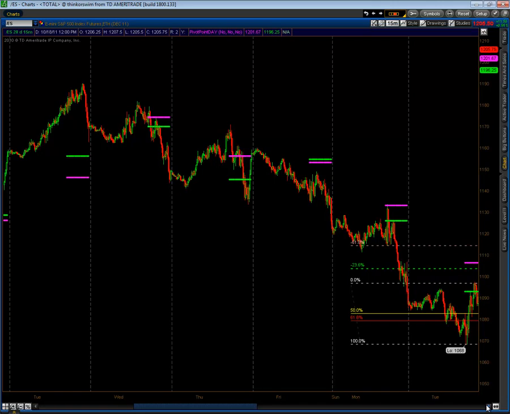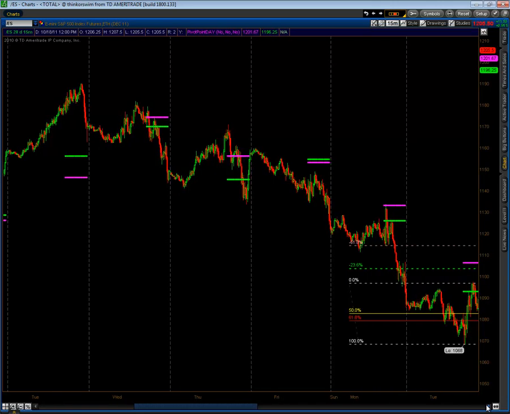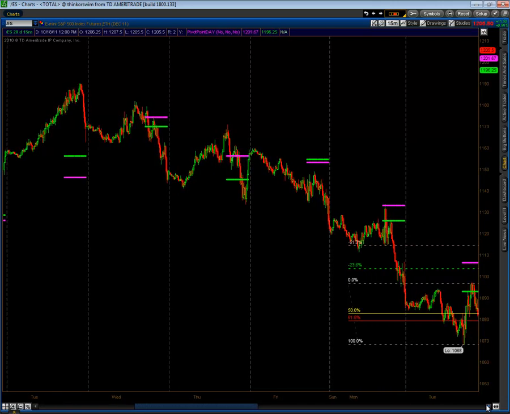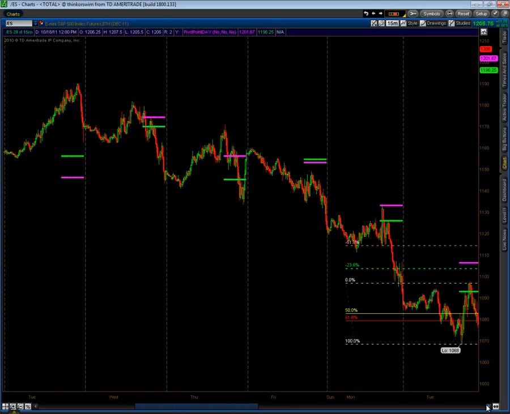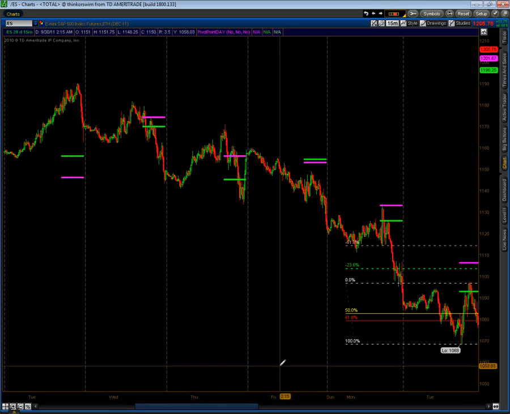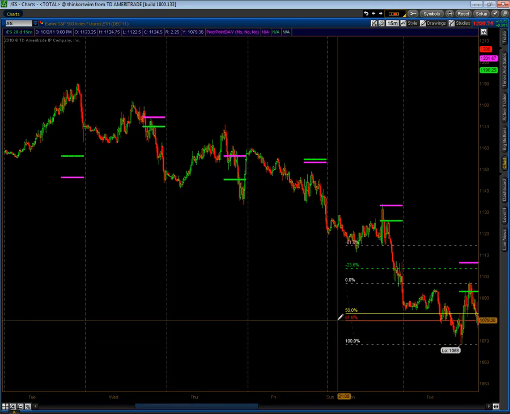So price does come back down. It gives us an entry and then fails by a tick or two and then fails completely again. Now, one of the things I should point out about trend changes is that when trend changes occur, there is typically some consolidation that goes on in the market.